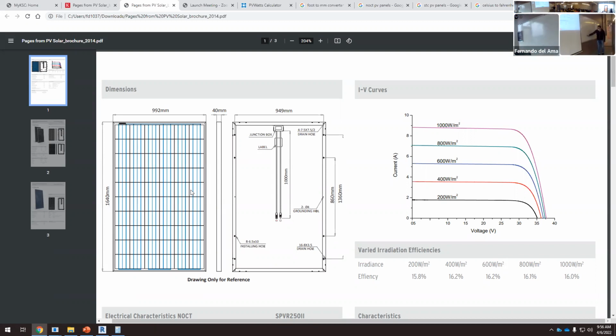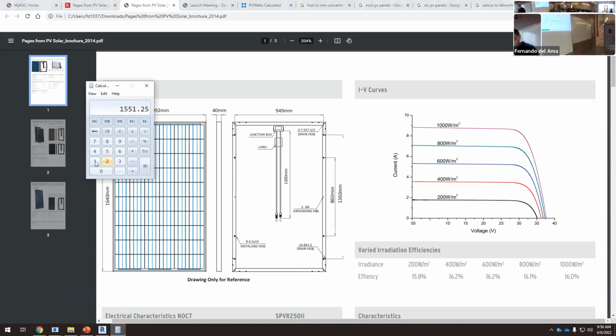Okay, so let's calculate the area of one panel. The area of one panel is 1.64 times 0.949, so it's 1.55 square meters.